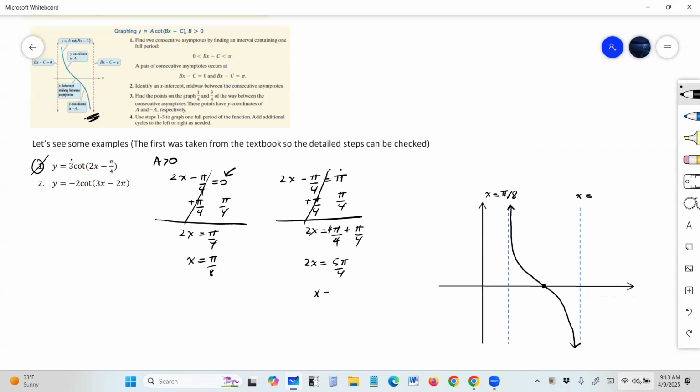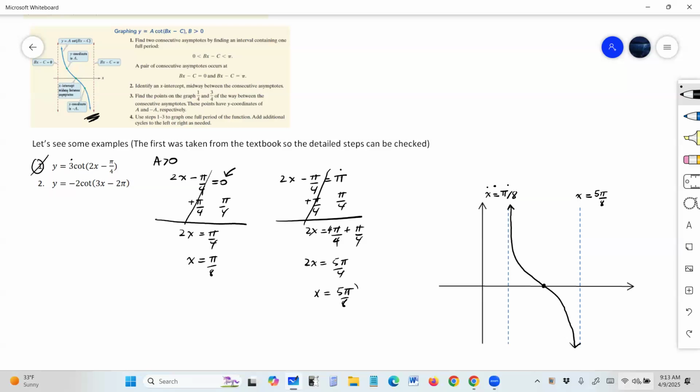And then again, I divide both sides by 2. I get 5 pi over 8. And that is my right asymptote, x equals 5 pi over 8. Now remember, the equation of the asymptote is an equation, so you're going to write x equals whatever number you found, as I did over here.